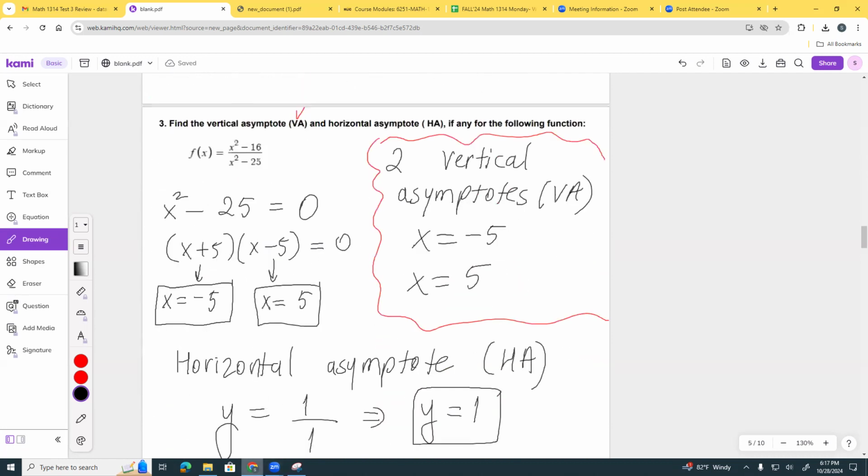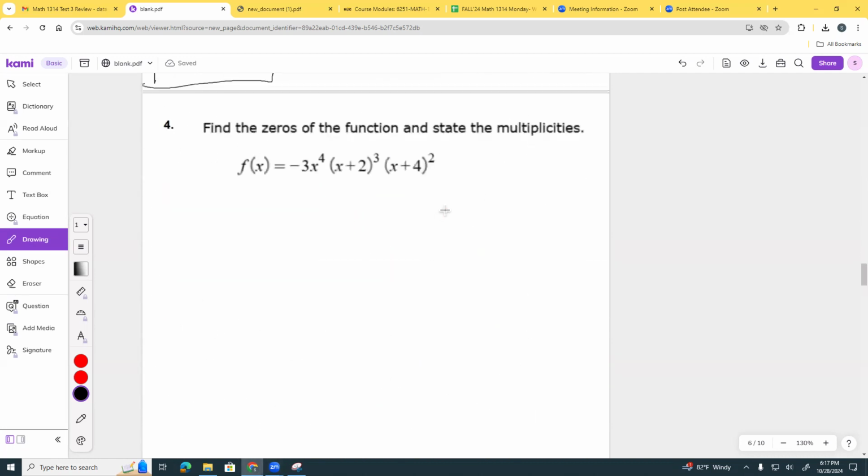But when we come to question 4, what is super nice about it? It's already factored, no division required. How many factors are there here? 3. X plus 4 is a factor, x plus 2 is a factor, and x to the 4th power is the third factor.